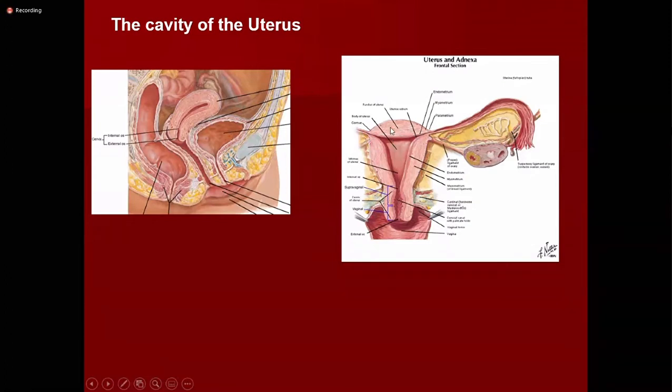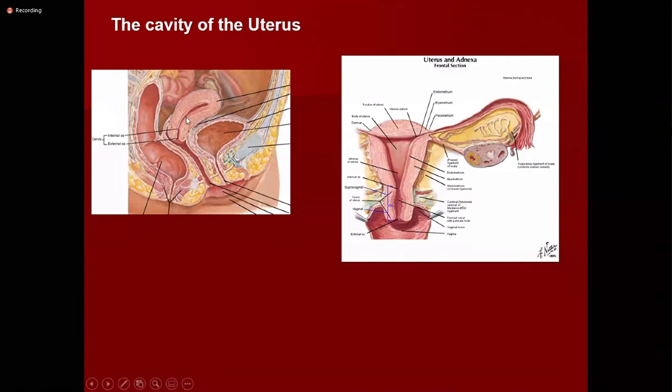So the fundus of the uterus is that part located above the entrance of the fallopian tube and has no cavity. Now this is the body, that's where the body narrows down to the isthmus, and that last part is the cervix. In a coronal section, if you look at the cavity of the uterus, it looks triangular.